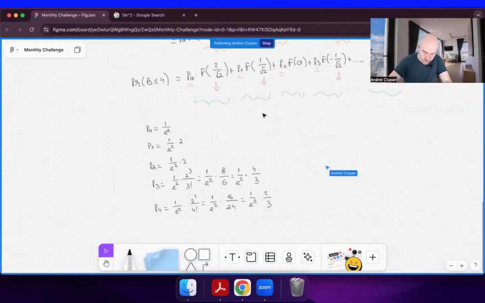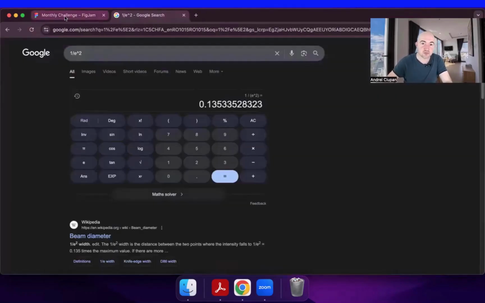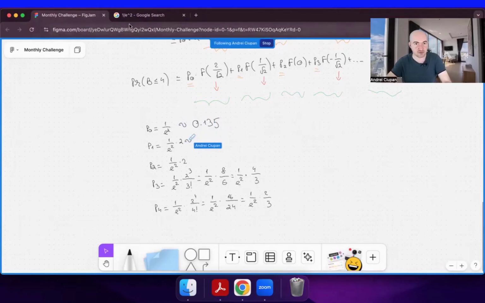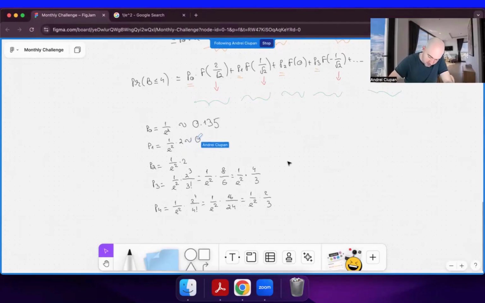Going to the whiteboard, this is 0.135. It's at least 0.135. So let's put this approximation sign, but it's more than 0.135. Then if we multiply it by 2, we get more than 0.27. This one is also 0.27.